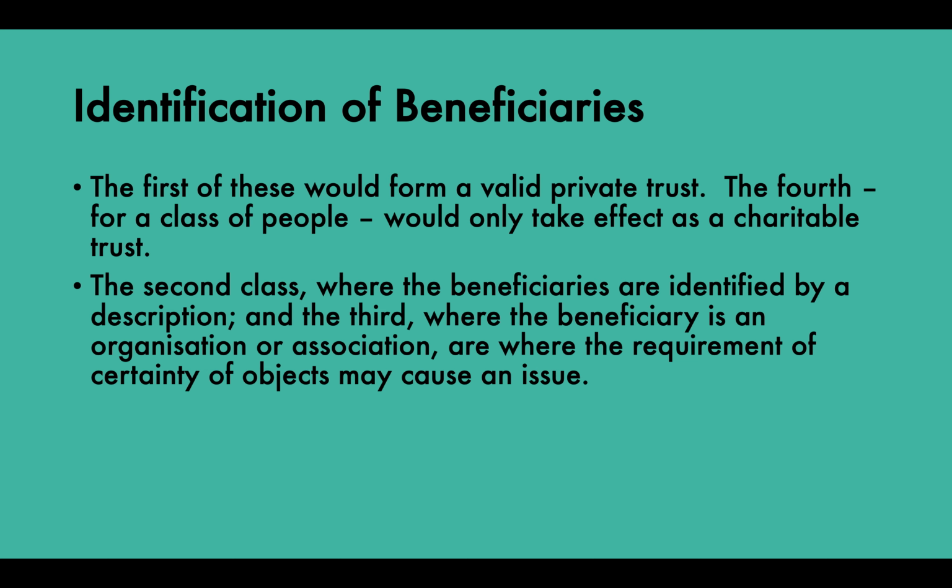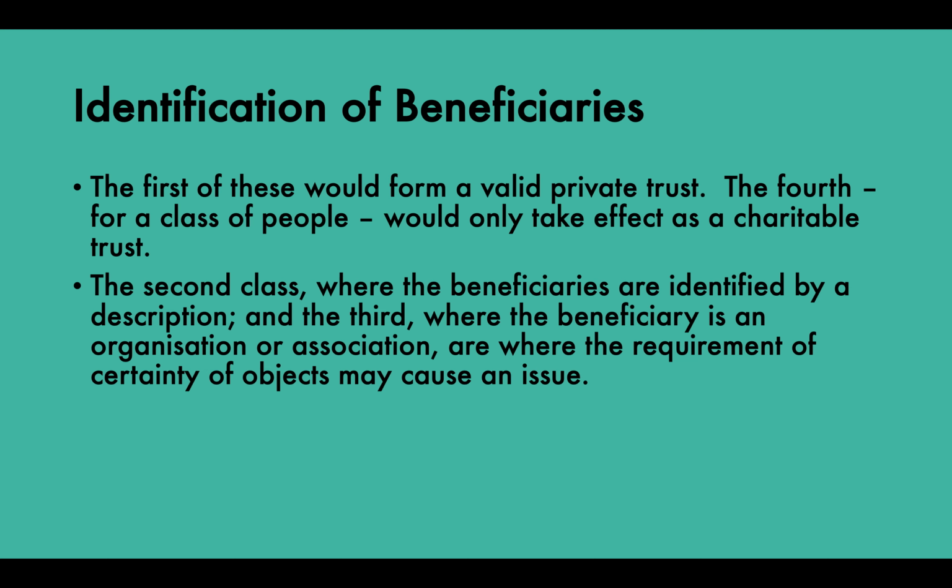In other words, how can we tell exactly who makes up students enrolled at the University of Oxford? If someone withdrew from Oxford University last week, but had not been taken off the university books, are they a member of the class, and therefore entitled as a beneficiary or not? These are the sort of questions that crop up time and time again when we deal with these middle 2 types of beneficiaries.